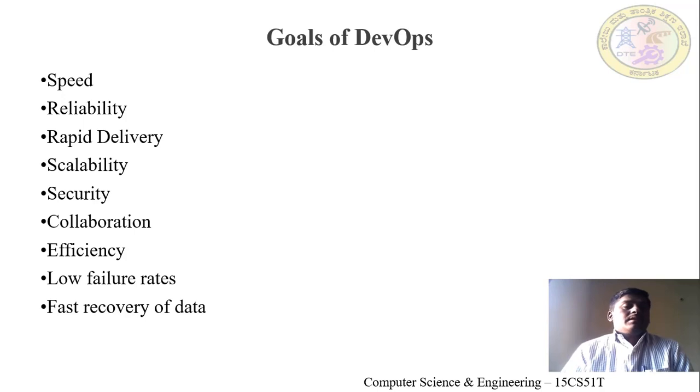Next, rapid delivery. Rapid delivery in the sense that easily we can deliver at any time. Then scalability. Easily we can scale the infrastructure up or down if you use the DevOps concept. In the IT organization, they use the concept of virtualization.